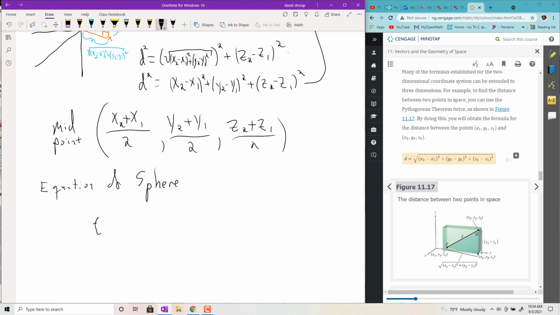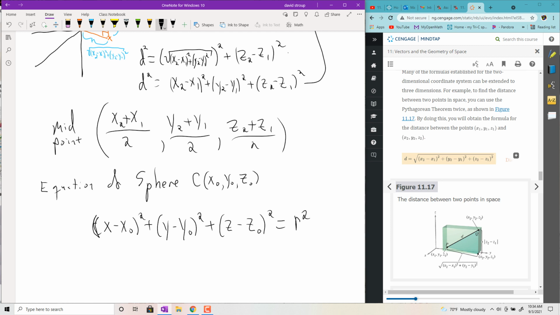So I'll say my center is at x0, y0, z0, and then we can write x minus x sub 0 squared plus y minus y sub 0 squared plus z minus z sub 0 squared equals r squared. Again, it's the set of all points x, y, z such that their distance from the center point x0, y0, z0 is equal to some fixed number, which is that radius.